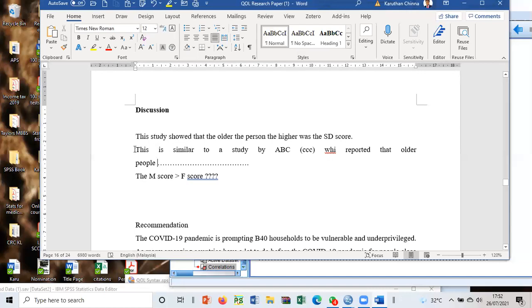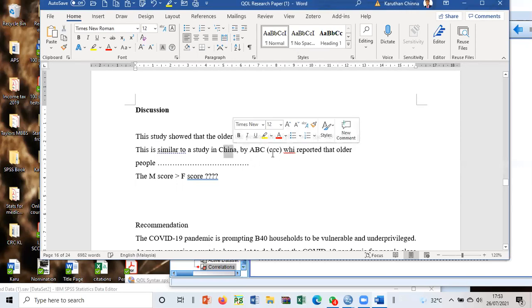This study is similar to ABC, by the authors, by studying in, let's say, China. Be very specific: in China, they reported the older people have better social quality of life.